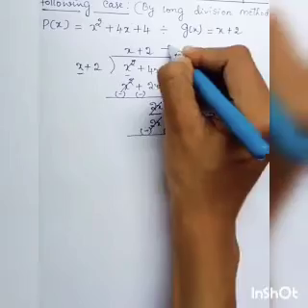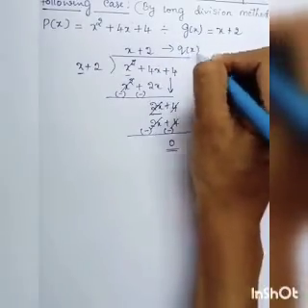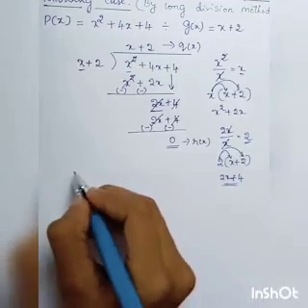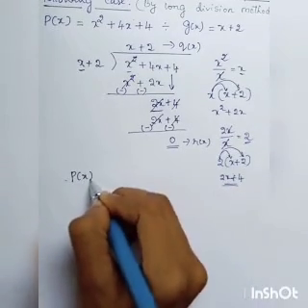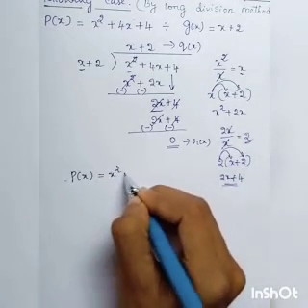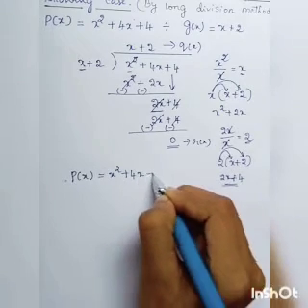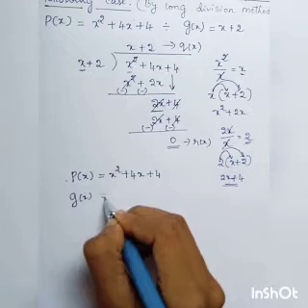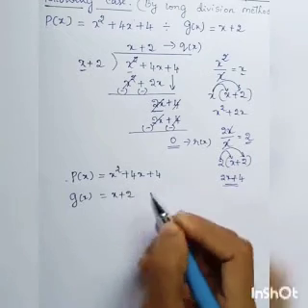So this is the quotient q of x and this is the remainder r of x. What did we get here? P of x is x square plus 4x plus 4 and g of x is x plus 2.